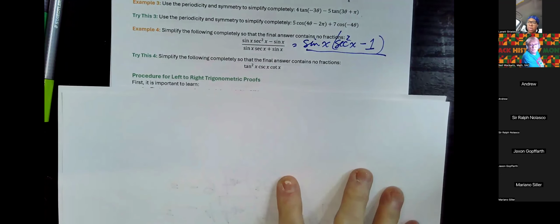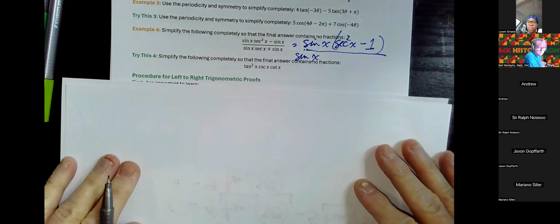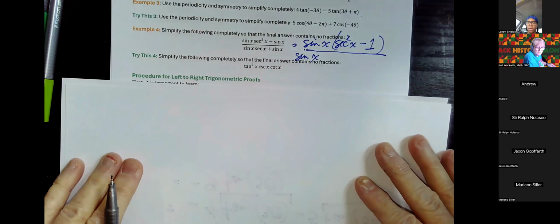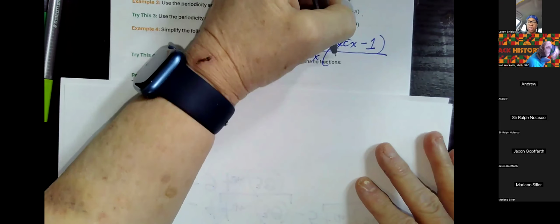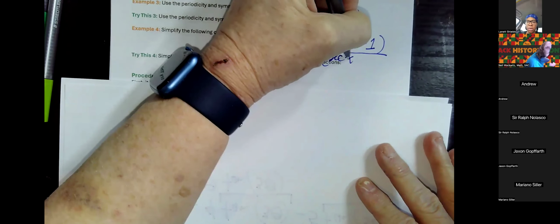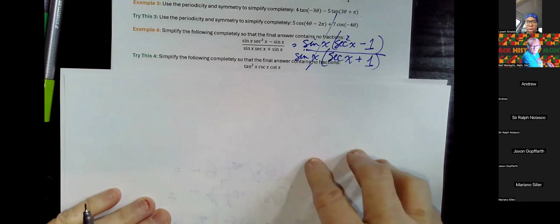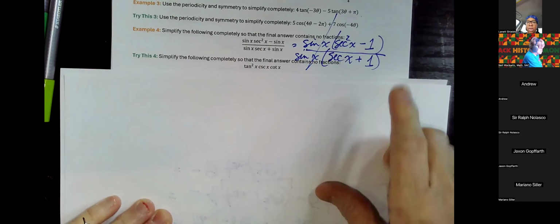What are we going to be left with? Secant plus 1. And now we definitely can strike out the common sine, but I have a fraction in the answer. I've got secant squared.